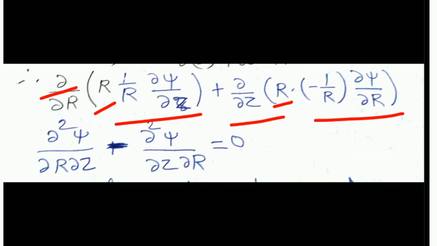We get dou 2 psi by dou r dou z. This r cancels.